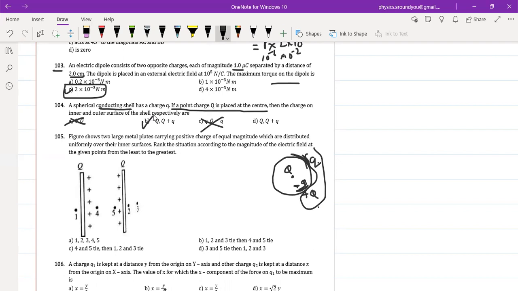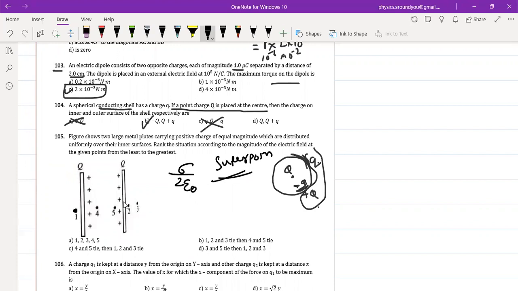Now 105. Rank the situations according to the magnitude of the electric field at the points, from greatest to least. The charges are only on one surface. Regardless of that, use the basic elementary formula, which is sigma by 2 epsilon naught. Now you see, at point 1, and again this belongs to the superposition principle because there are multiple sheets.